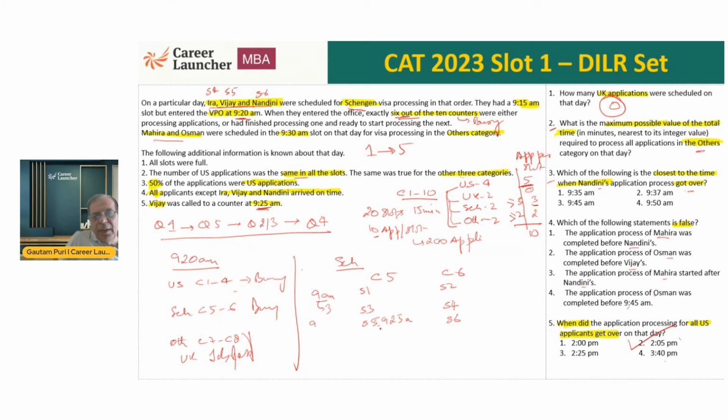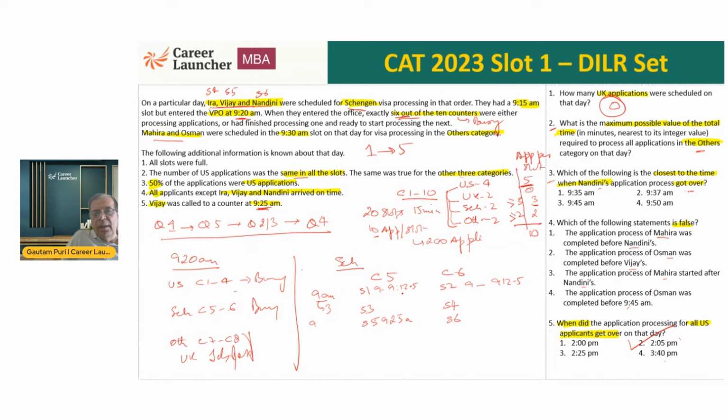What does that mean? That means the first 2 candidates would have taken 12.5 minutes each. Right? So the first candidate for Schengen visa went to counter 5, started at 9 a.m. and was there till 9:12.5. Similarly, on counter 6, the second applicant went at 9 a.m. and was there till 9:12.5.